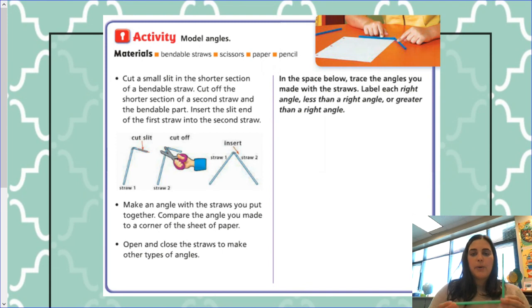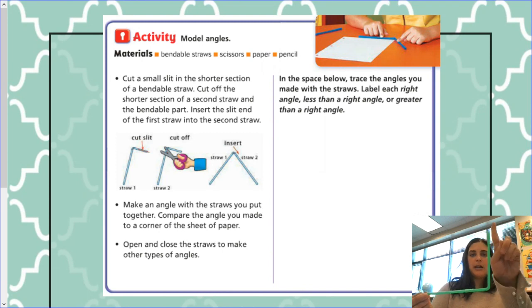We're going to use this as a tool to help us learn more about angles. I want you to think that this part of the straw is one ray, and this is another ray, and where they connect at this bendy point here is the angle, or the endpoint. Right now I want you to take your straw and try to make a right angle.